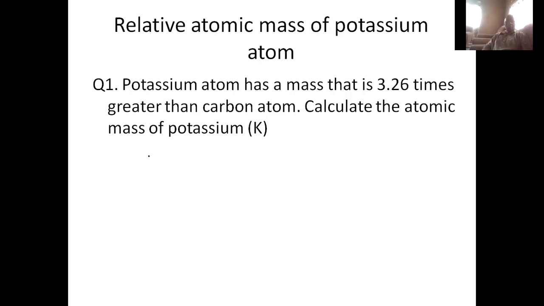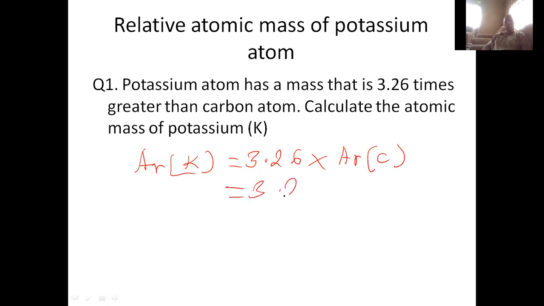And basically, all we need to do to get the relative atomic mass of potassium is multiply how many times it is greater by the relative atomic mass of carbon, which we already know. This is 3.26 multiplied by relative atomic mass of carbon, carbon-12. And this gives us 39.1.